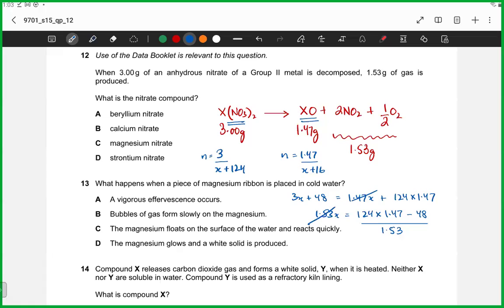So who's 87? That's strontium. Yeah, I think that is strontium. Okay, so I think it is strontium.